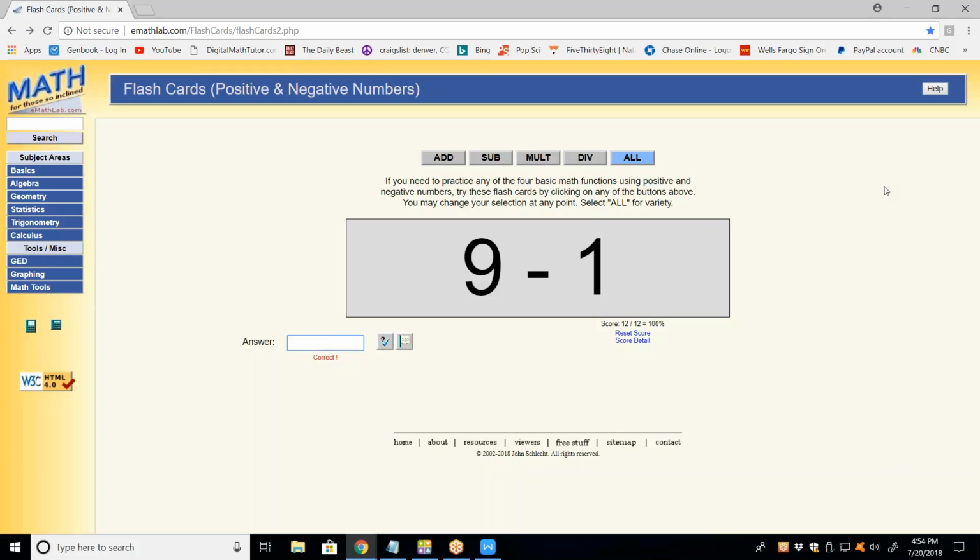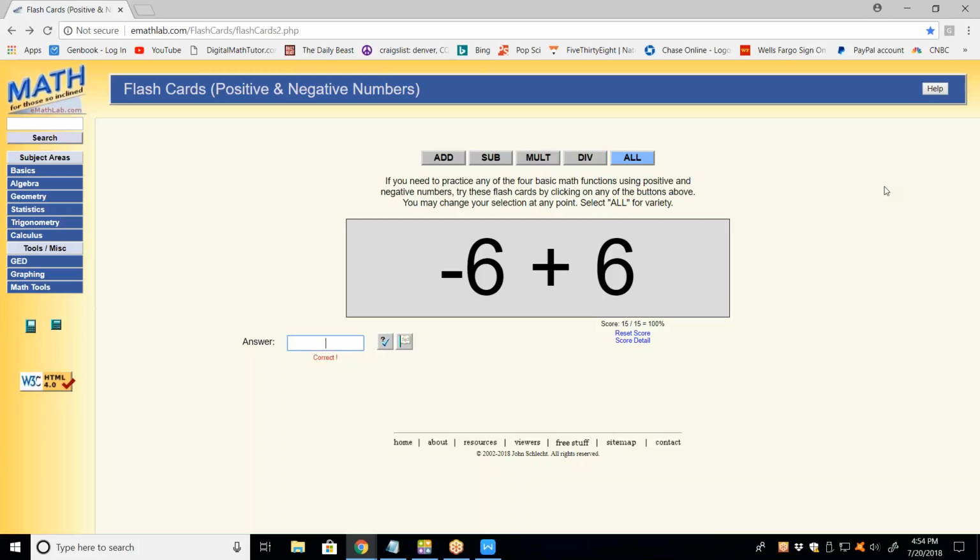Sign first. This is division. Negative 2. 16. Negative 12. Nope. This is not a subtraction problem.